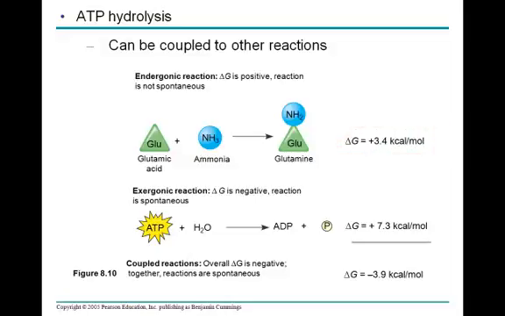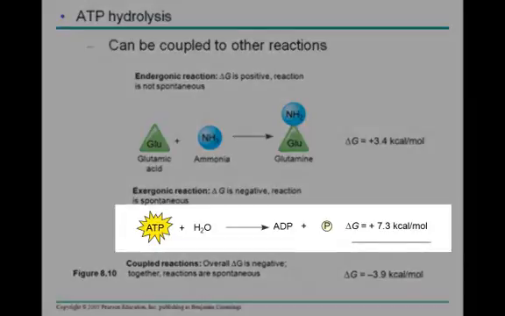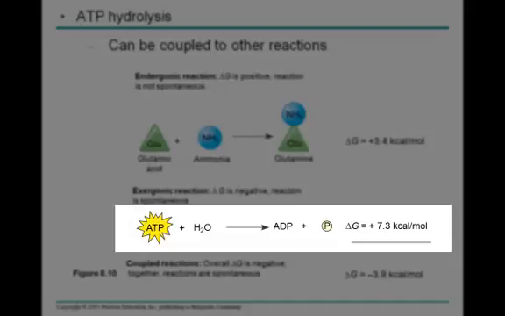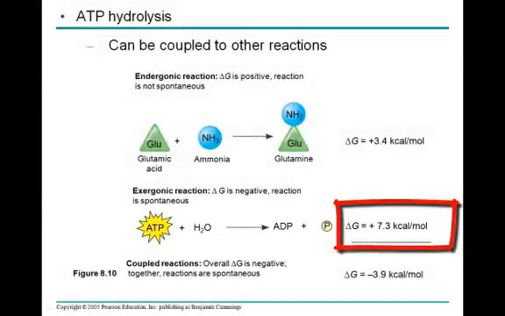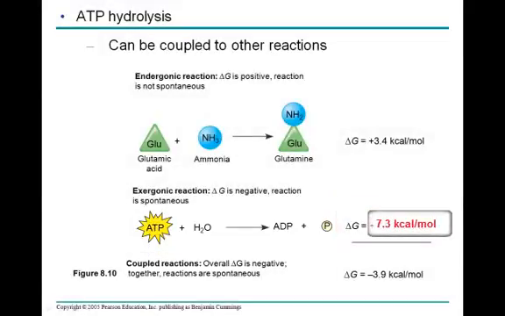And so the cell could not do this reaction on its own. It needs too much input of energy. But if you couple this reaction with the breakdown of ATP to ADP, each time you remove that third phosphate, that's actually the delta G here, and this should say minus 7.3 kilocalories per mole. Then the overall delta G is negative, and together the reaction can occur and is indeed spontaneous.